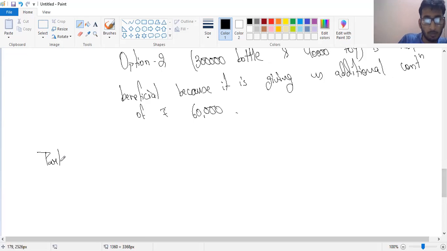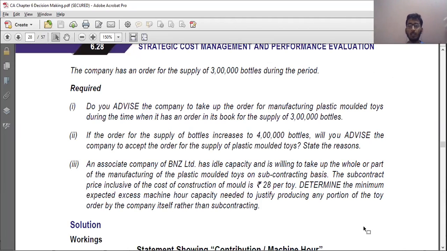Now, part 3. What is the third part? An associate company of BNZ Limited has idle capacity and is willing to take up the whole or part of the manufacturing of plastic molded toys on a subcontracting basis.